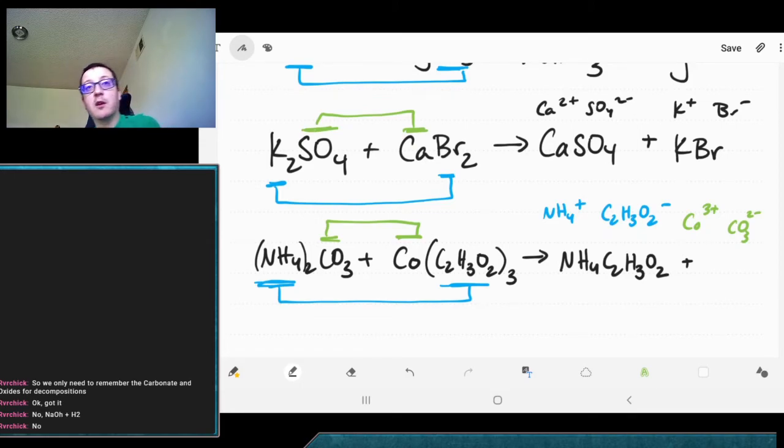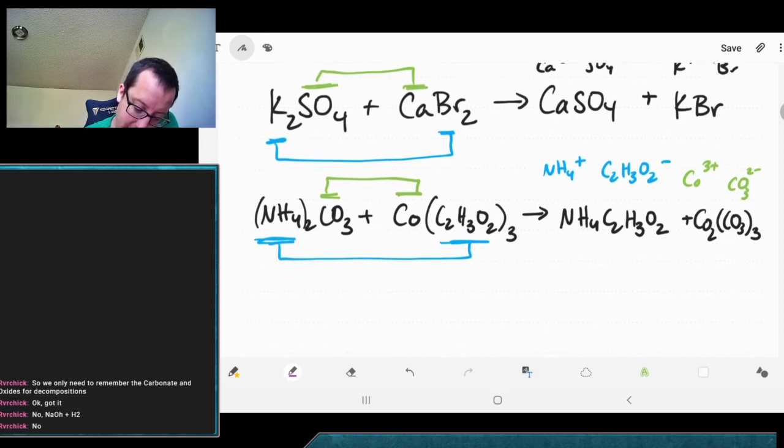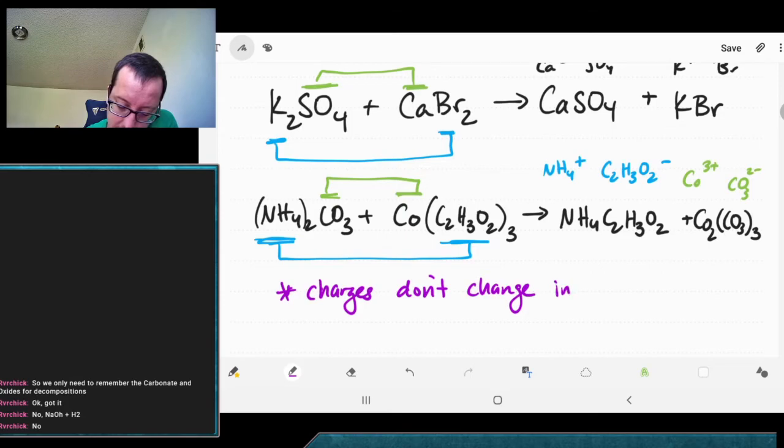What we have to do is crisscross now, the cobalt and the carbonate. And we end up with cobalt 3 carbonate there. So thing to notice here is that charges don't change in the reaction.